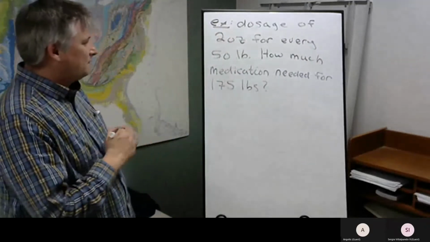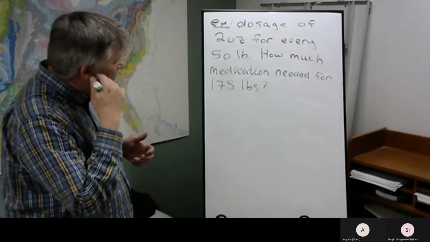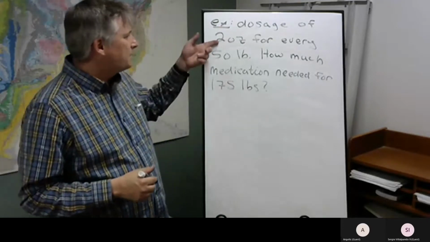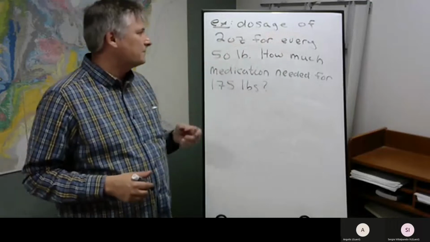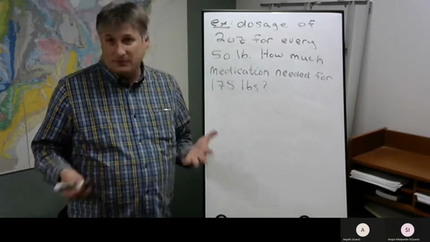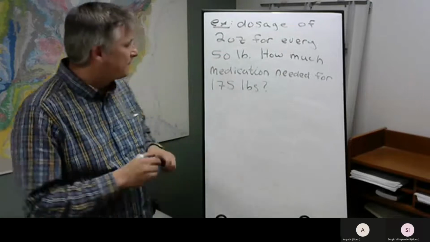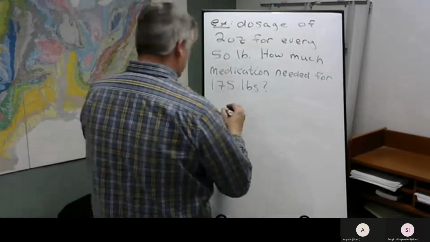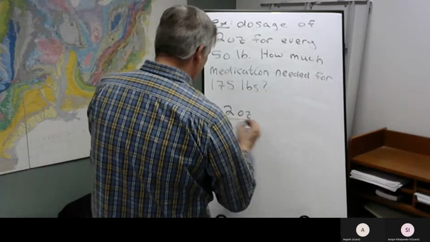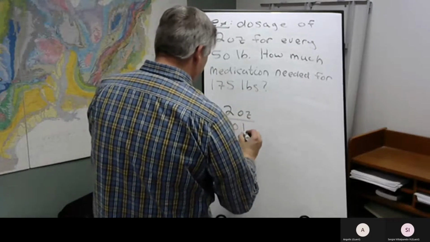So what we want to do here, we want to look for consistencies. So we have 2 ounces for every 50 pounds. So 2 ounces of medication for 50 pounds of body weight. So we can start out with this. So there's medicine over body weight.